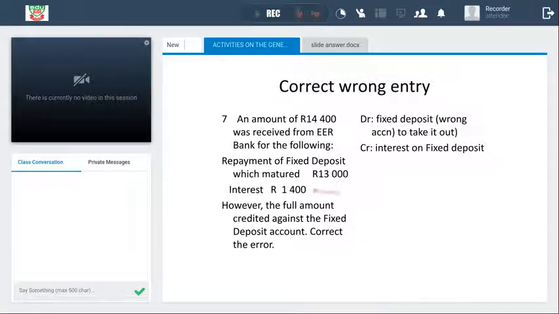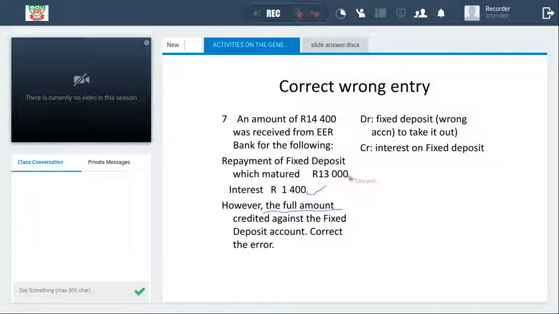Next, an amount of 14,400 was received from ERR Bank for the following: repayment of fixed deposit, which matured, 13,000, and interest. However, the full amount was credited against fixed deposit. It was not supposed to credit the full amount against fixed deposit, because this is interest and this is the fixed deposit.